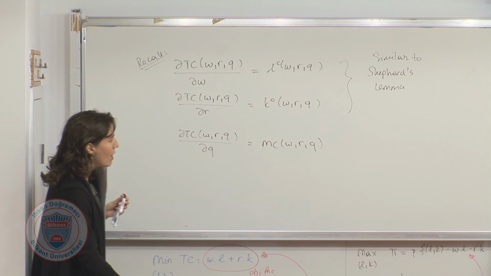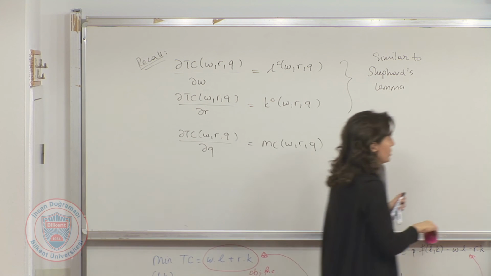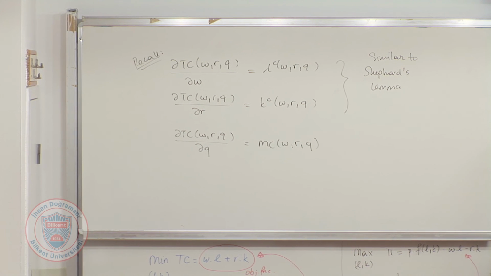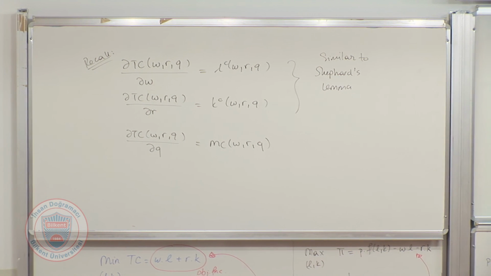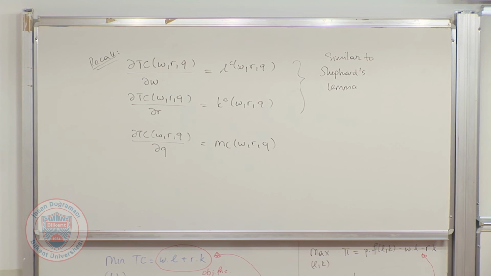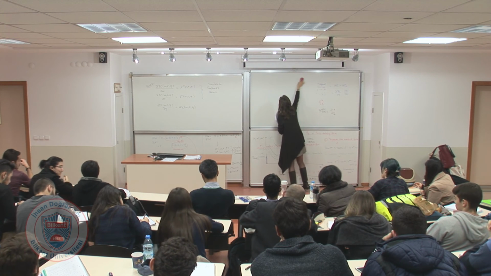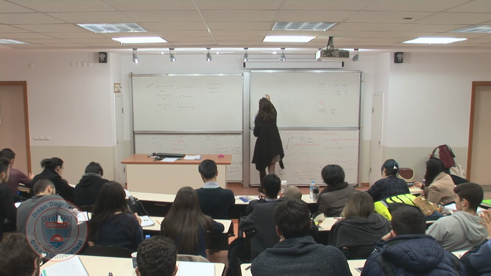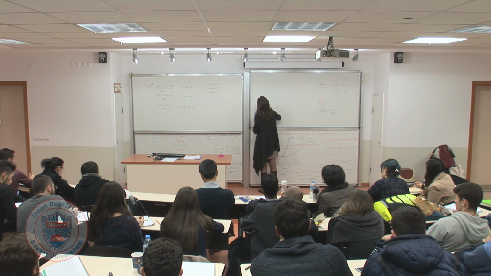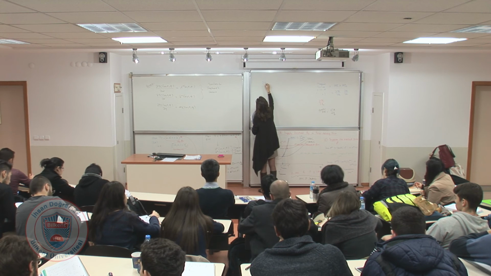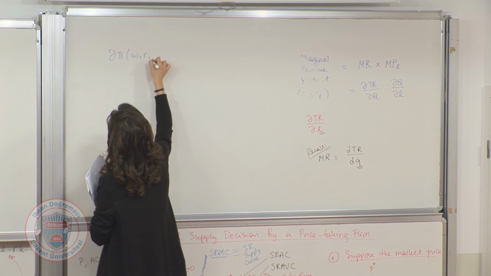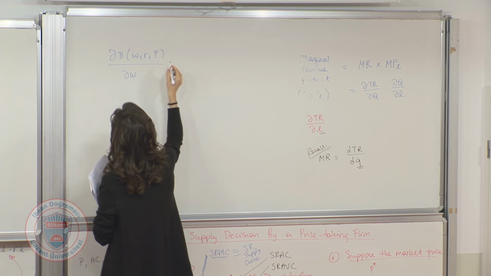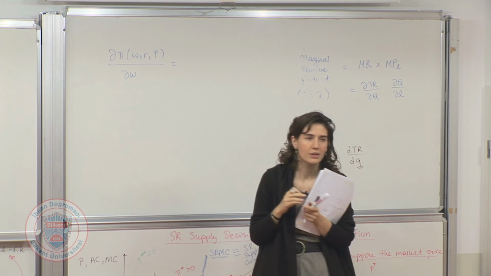Okay, so now I'm going to ask you the same question for the profit function. What do you think these guys are? Again, by similar logic and with an application of the envelope theorem, we have this. Suppose you have the profit function, pi, as a function of wage, R, p. When I take the derivative of this, this is going to be what?